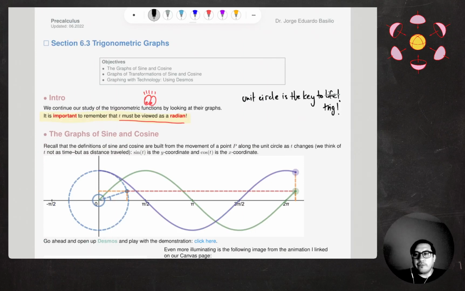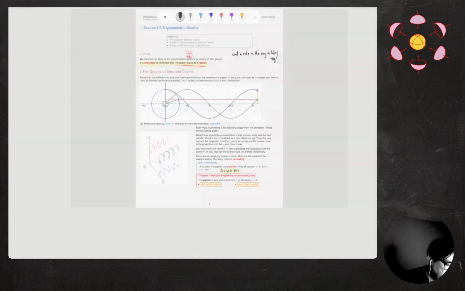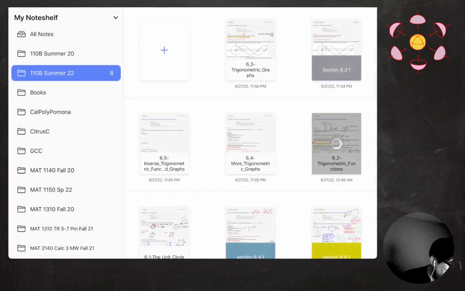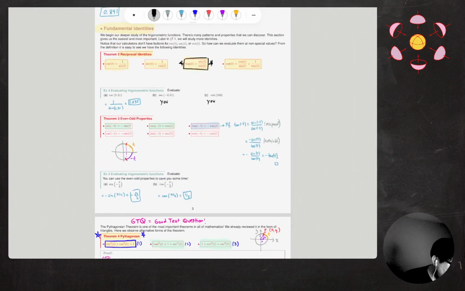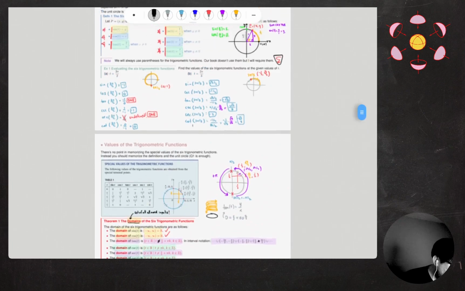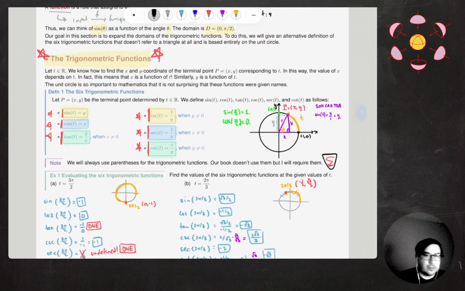All right, so the first key point here is that we are going to look at the graphs of sine and cosine. So remember in our last lesson, actually let's just take a quick look at that. Let's go all the way back. So the unit circle perspective. We defined sine, cosine, and the other trigonometric functions as follows.